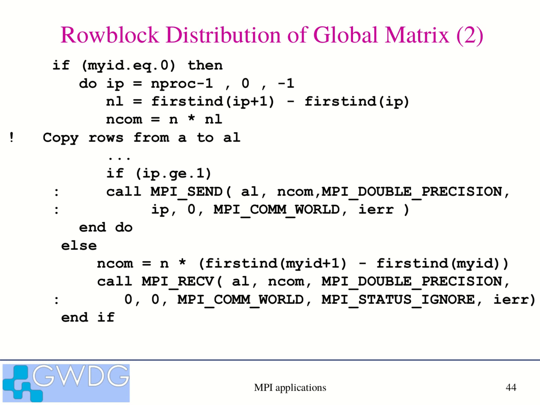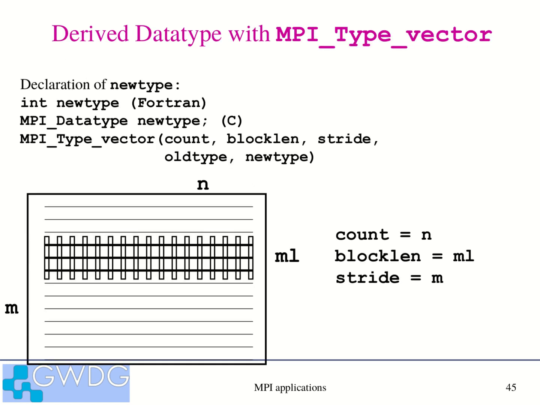Now MPI provides a means to make this easier. You can define data types which are not contiguous in memory, a data type which is just the structure you need, with the function MPI_Type_vector.